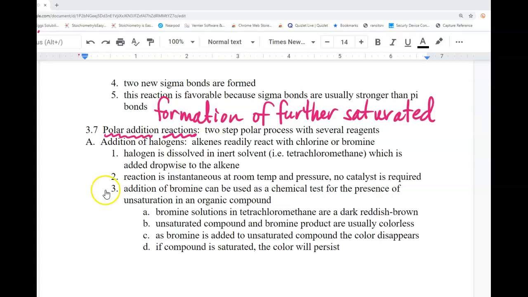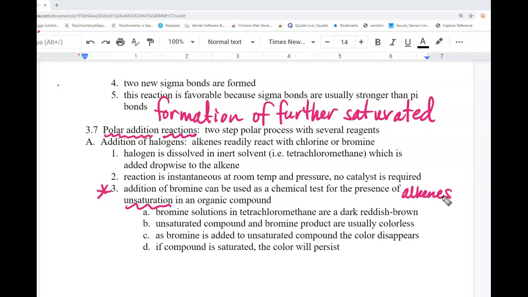Let's put a star next to this one: the addition of bromine can be used as a chemical test for the presence of unsaturation, in other words, for the presence of alkenes. Let's take a look at what will happen. A bromine solution is a dark reddish brown color.